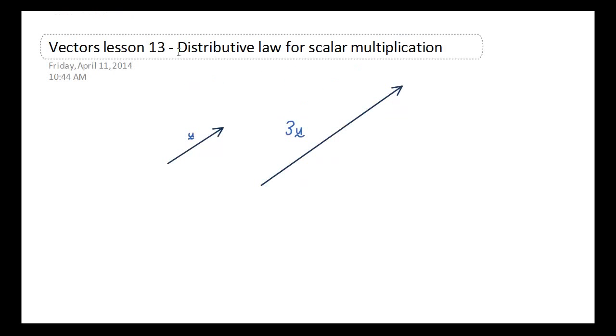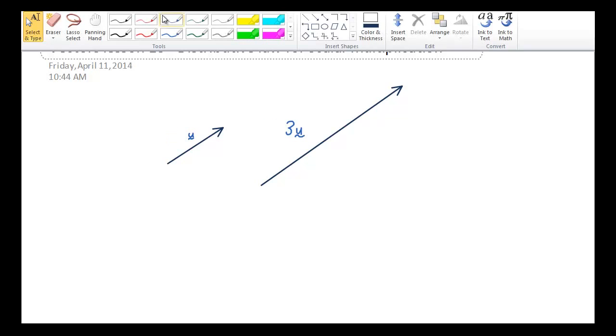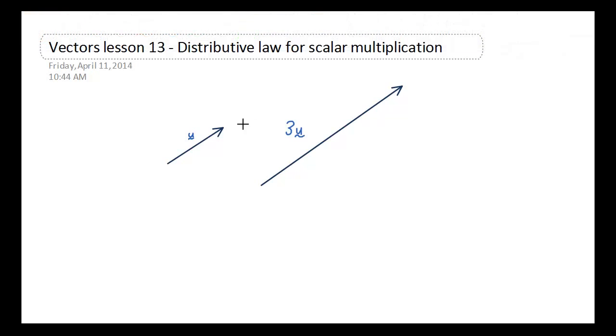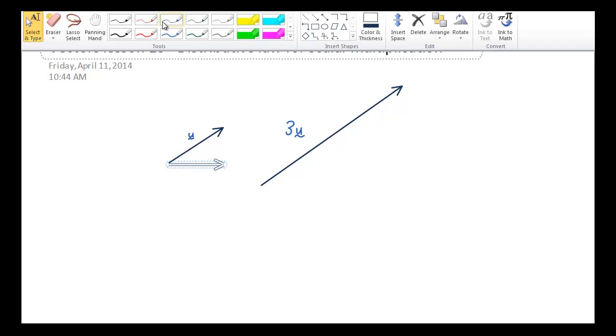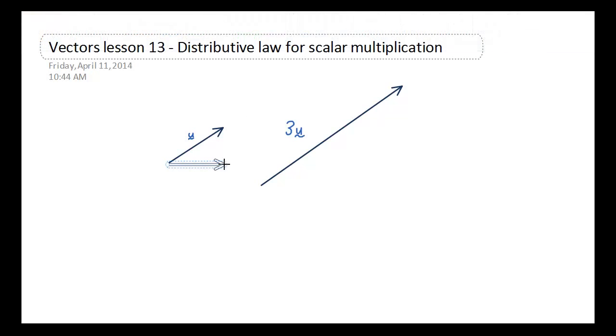Okay, so now let's talk about the distributive law. What is the distributive law? Let's imagine that vector u is written as the sum of 2 other vectors. They can be in any direction, but just to make it simpler, I'm going to make them horizontal and vertical. So vector u is now the sum of 2 vectors.